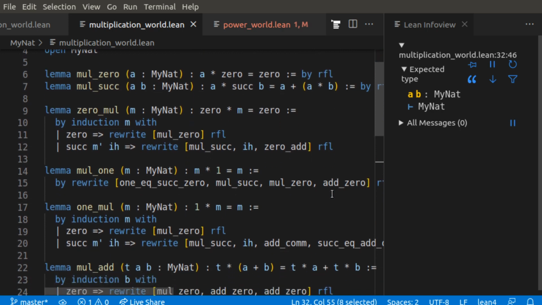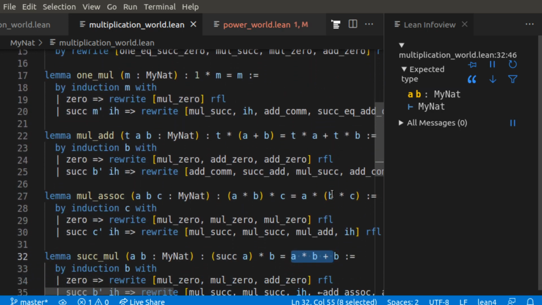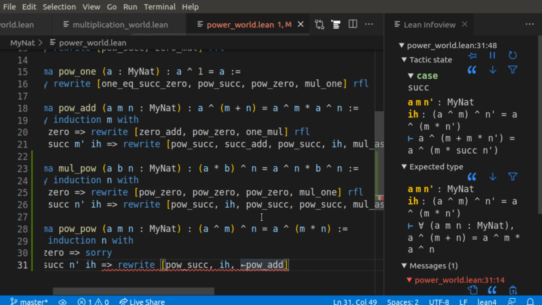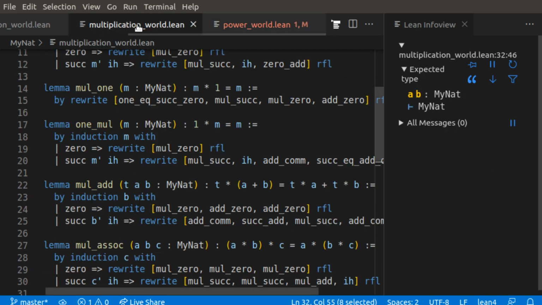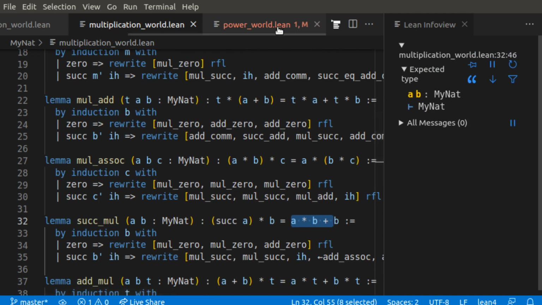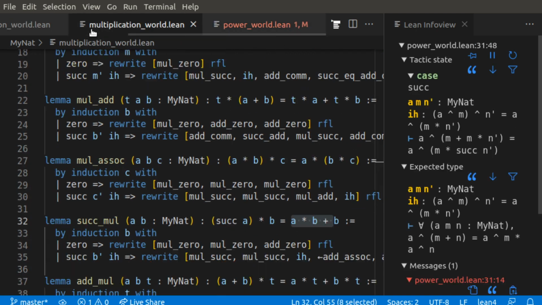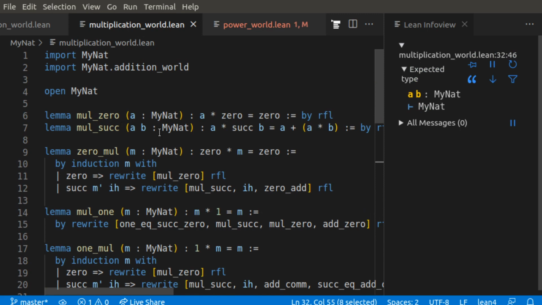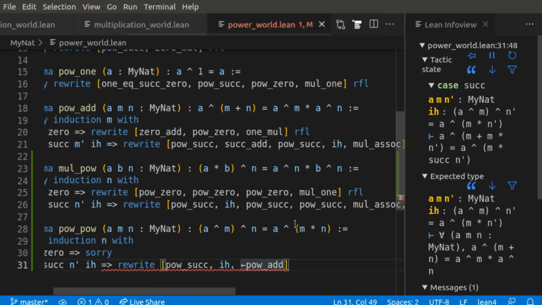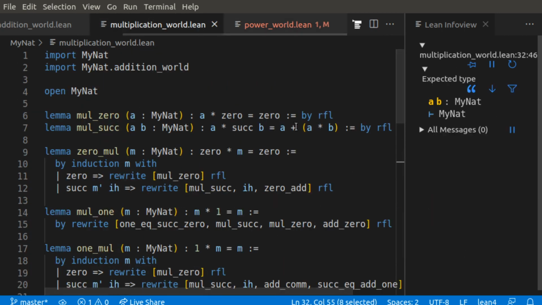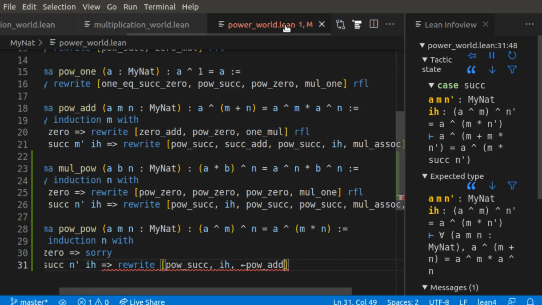Okay, so is it a plus? Is the plus at the beginning or at the end? Plus is at the beginning, so we want to use the plus at the beginning, right? Okay, so we want to use mole successor in reverse. Oh, we need to put the parentheses around the right thing. Okay, so we need to have the parentheses around the a times b. So we want to use add associativity.